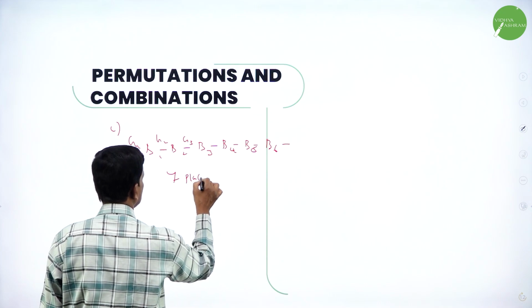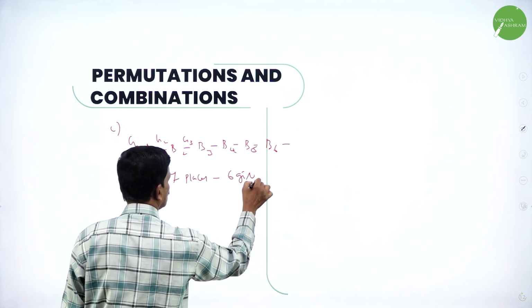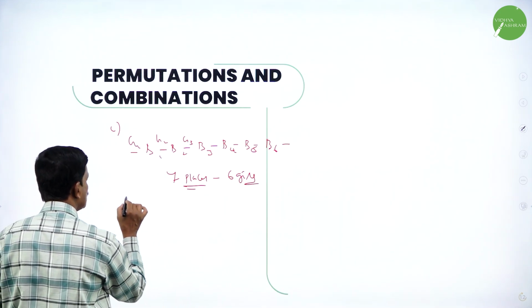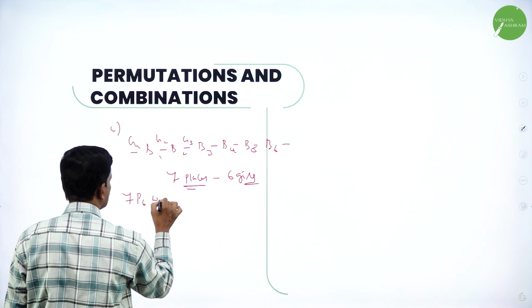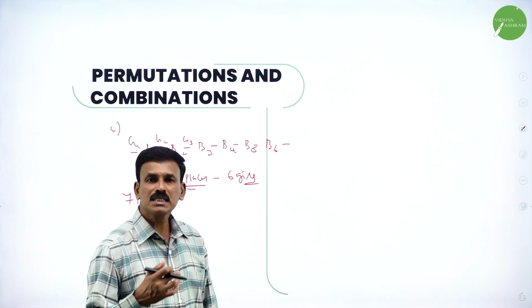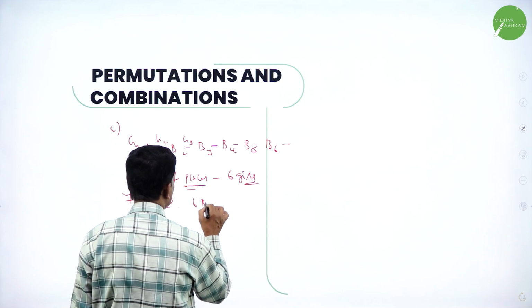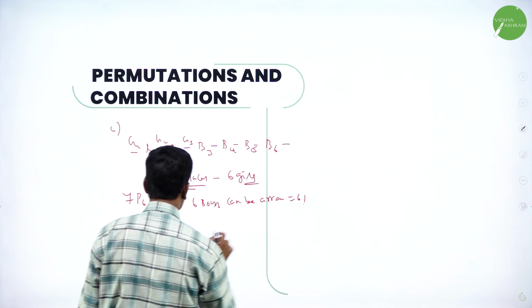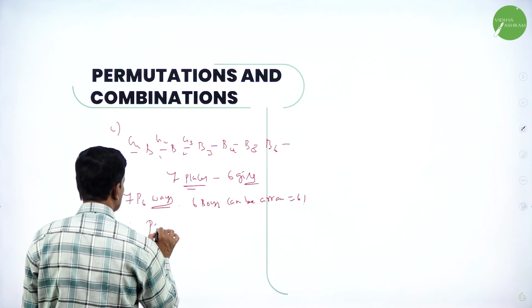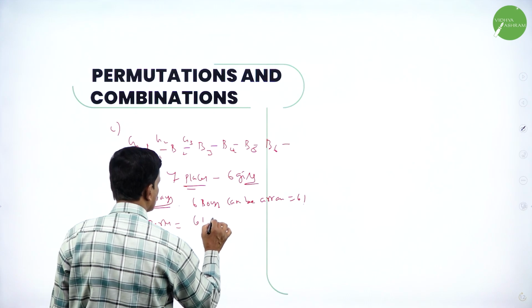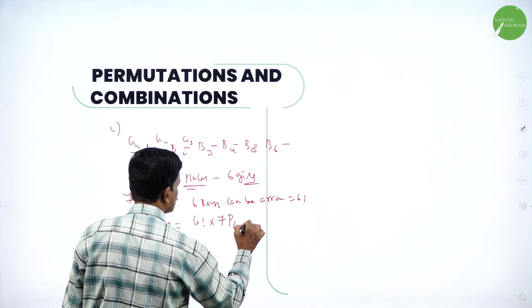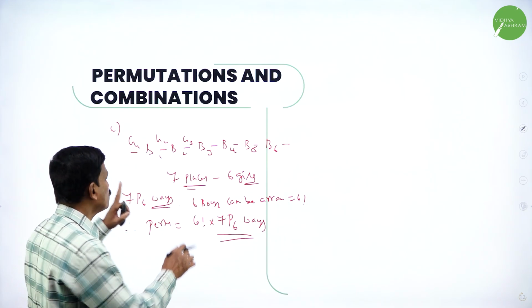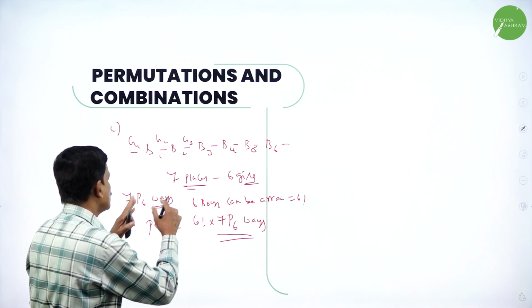The 7 places can be filled by 6 girls in 7P6 ways.